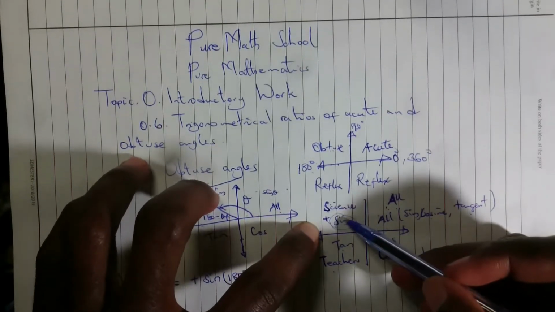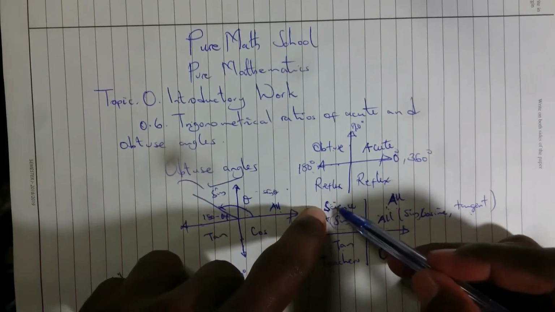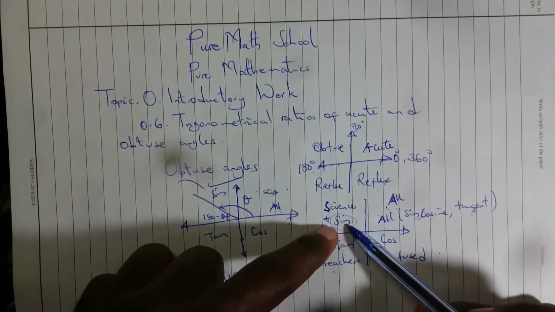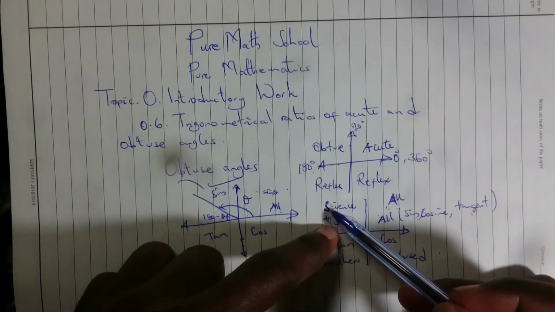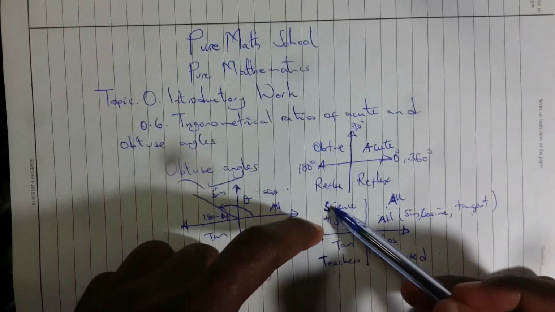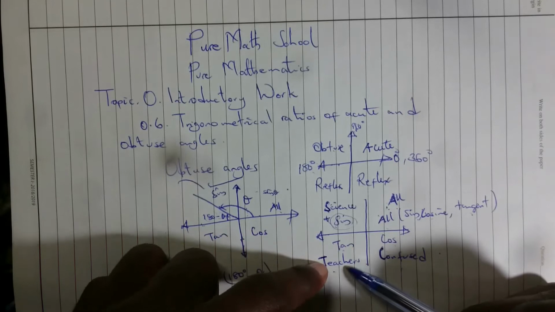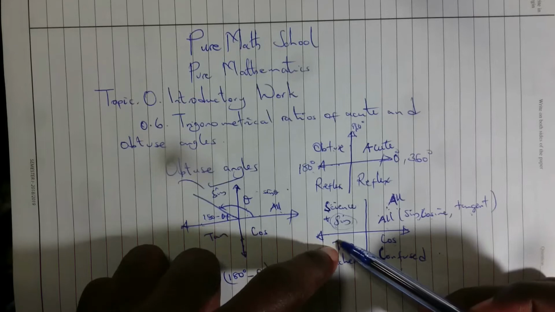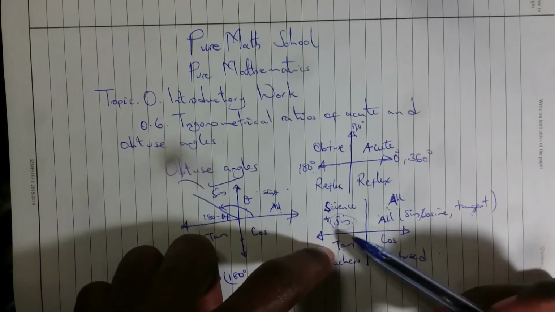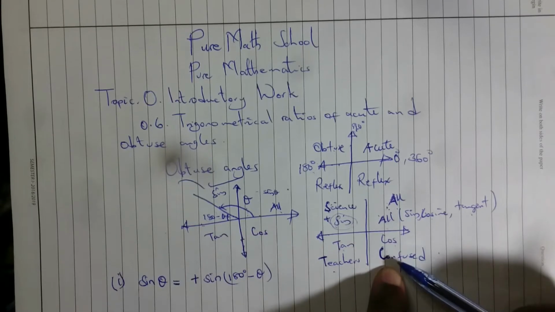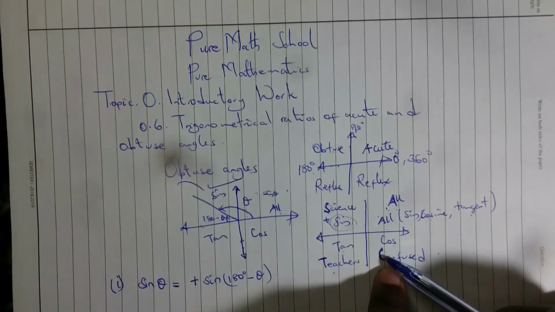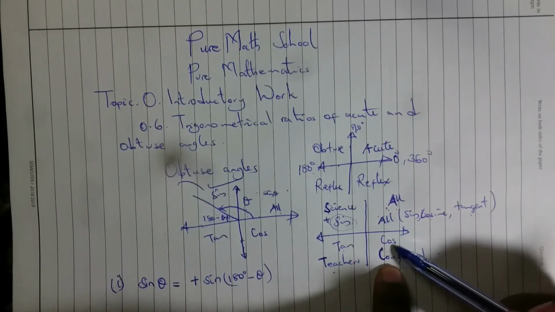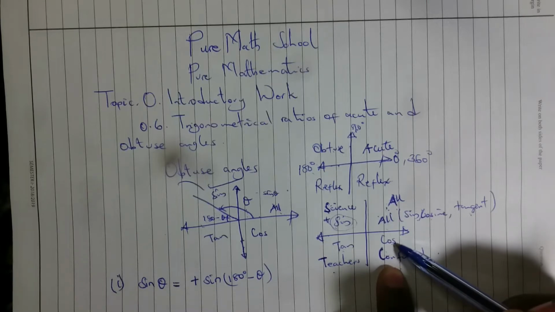In this second quadrant, only sine, where we have put sans, s standing for sine, is the only positive trig ratio here, whereas cos and tan are negative. Here, where you see teachers, t standing for tan, only tan is positive. That means sine and cosine are negative here. The fourth quadrant, where you see confused, c standing for cos, cos is the only positive trig ratio here, whereby sine and tan are negative in this quadrant.